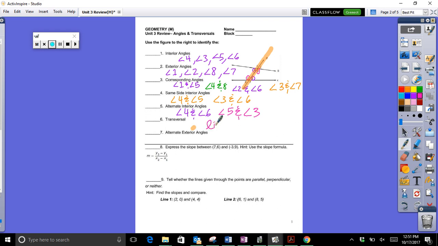And then if you wanted to look at alternate exterior angles, if you chose 7 and 1, those are alternate exteriors. Or you could also choose 2 and 8.